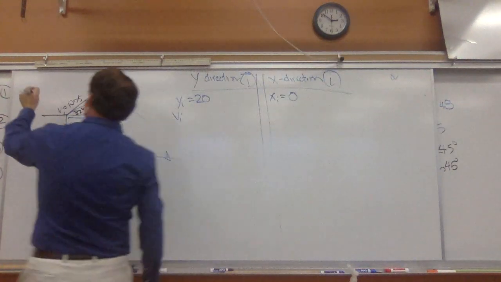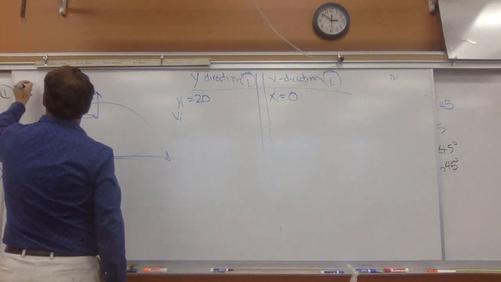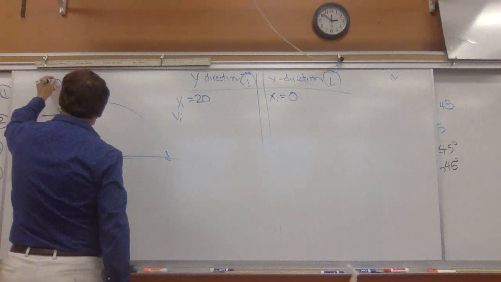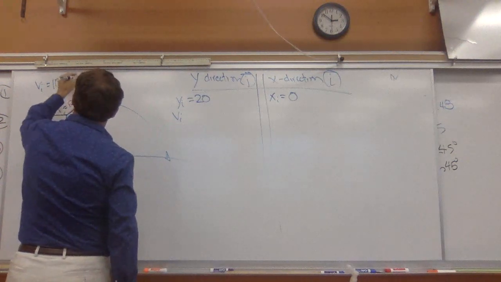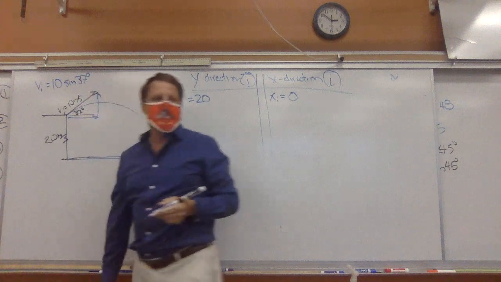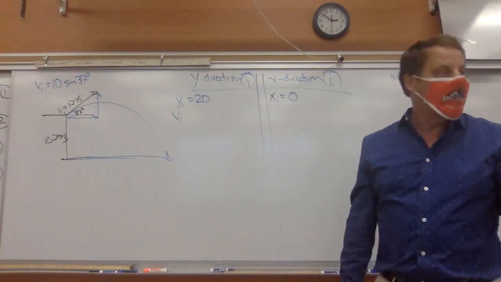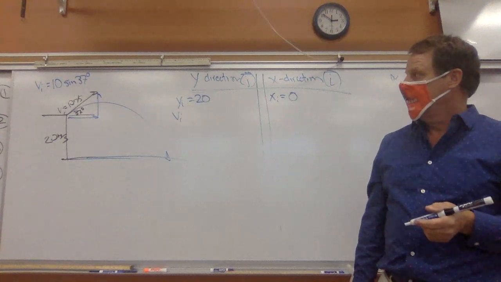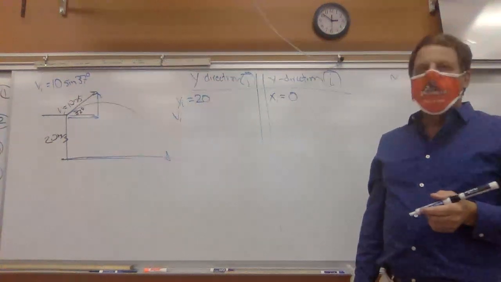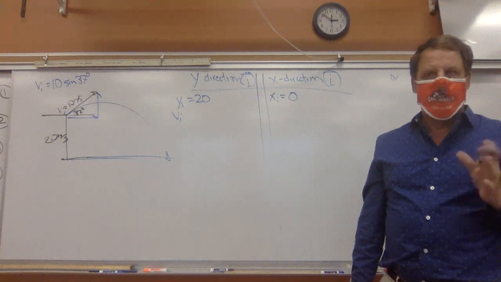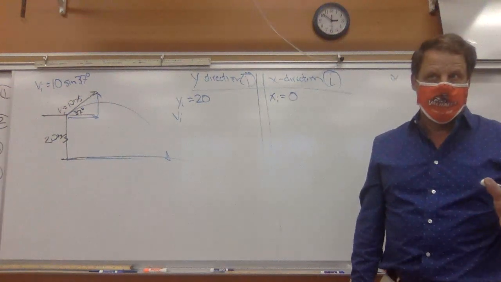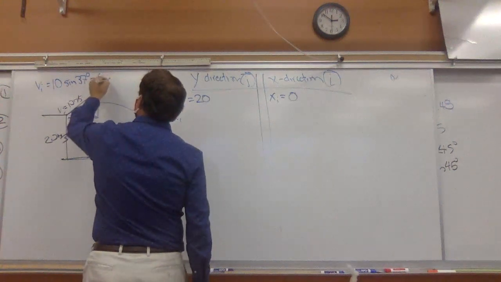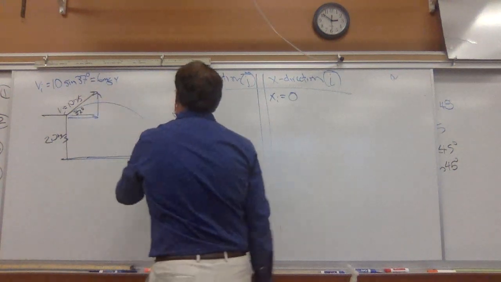Okay? So what we can say here is that VI is going to equal 10 sine 37. That's going to give us the Y or the J direction. And 10 sine 37 should give us something about 6, and that would be in the J here.